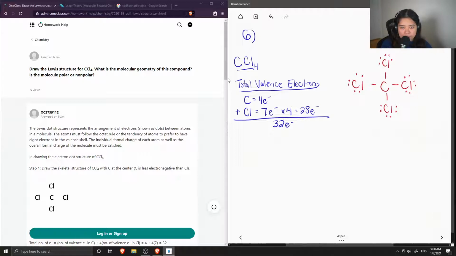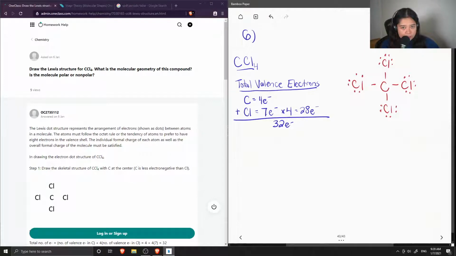So if we remember that each bond contains 2 bonding electrons, and there are 4 bonds, then we have 8, and then each chlorine atom contains 6 valence electrons. So 24 plus 8 is 32. Okay, so this is the Lewis structure for carbon tetrachloride.